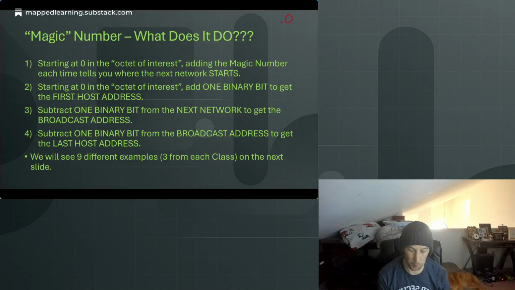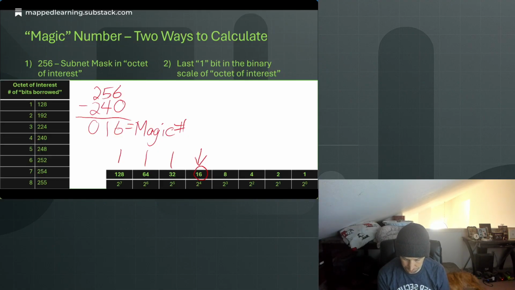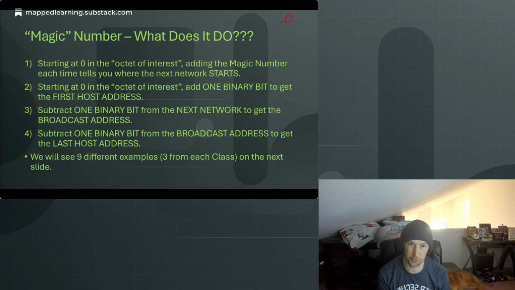We will just go with that for now. If I take the magic number, which in this case is 16, and add it to 0, obviously that is 16. I add it again, 16 plus 16, 32. I add it again, 48.